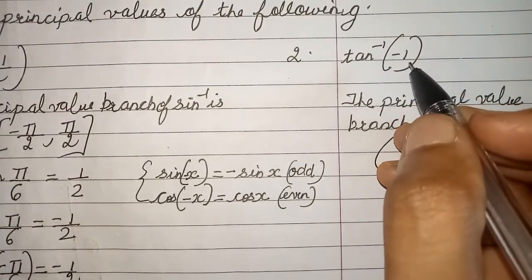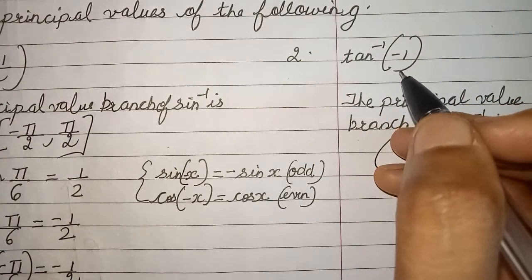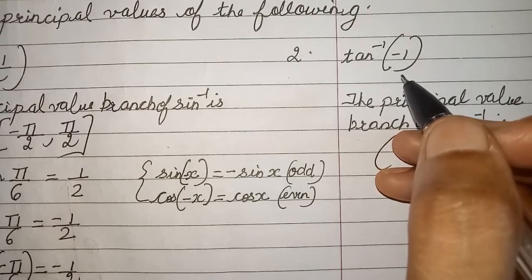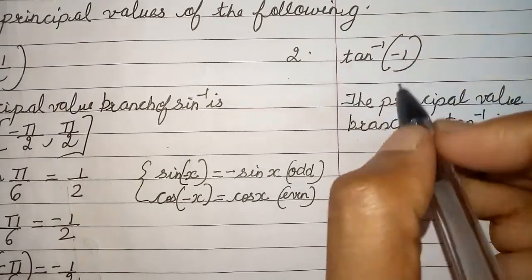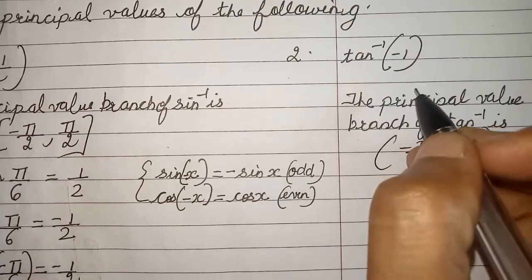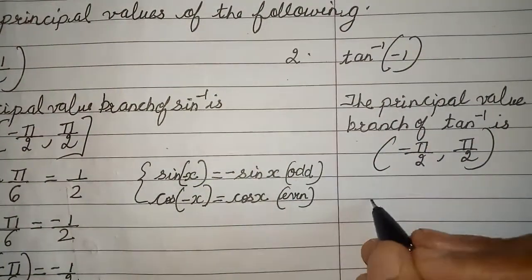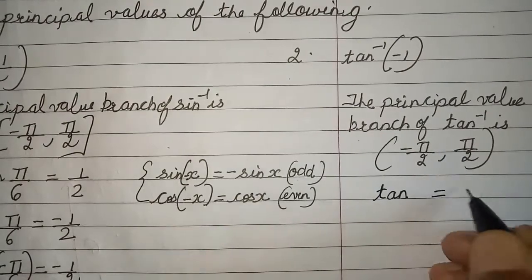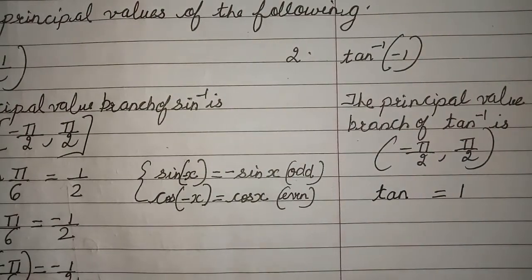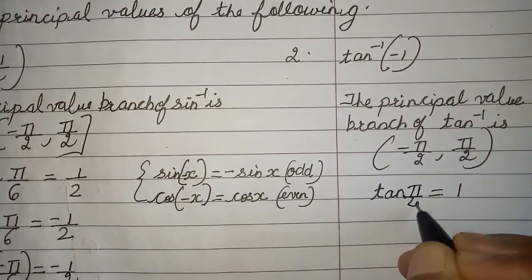See, that's why, children, the principal value branch that I have always chosen is for positive values. Because if you know it for positive, for negative you can very well find it by the properties of odd and even functions. So tan of which angle is 1, children? Yes, tan 45, that is pi by 4, is 1.